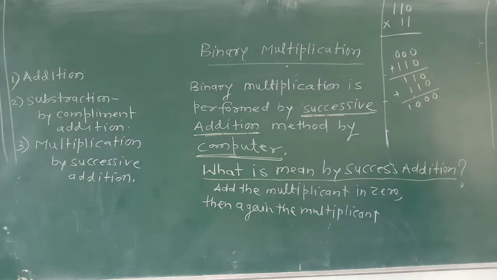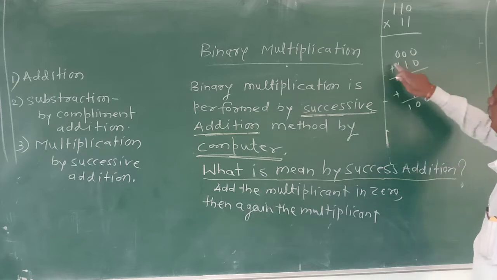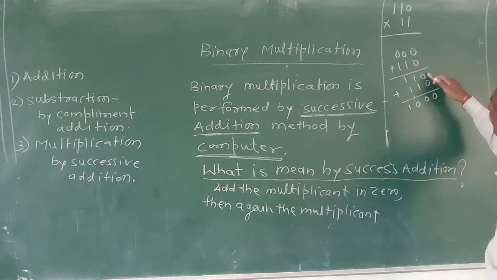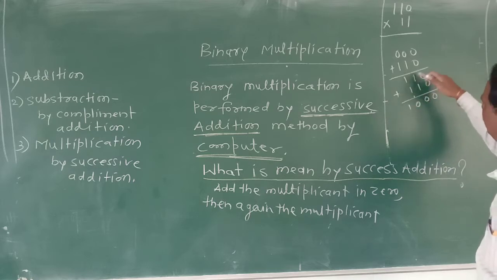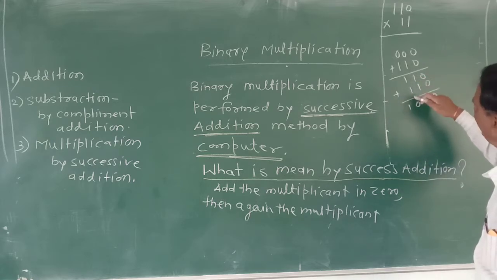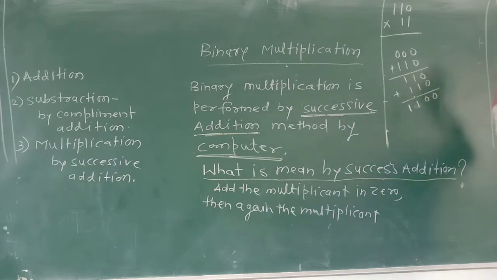You see, how many times? 0. But for this time 0 0 0 plus 1 1 0, that is the same answer. Again it is added: 0 0 0 1 1 0 carry 1 1 1 1 sum is 1 carries 1. 1 1 0 is there.